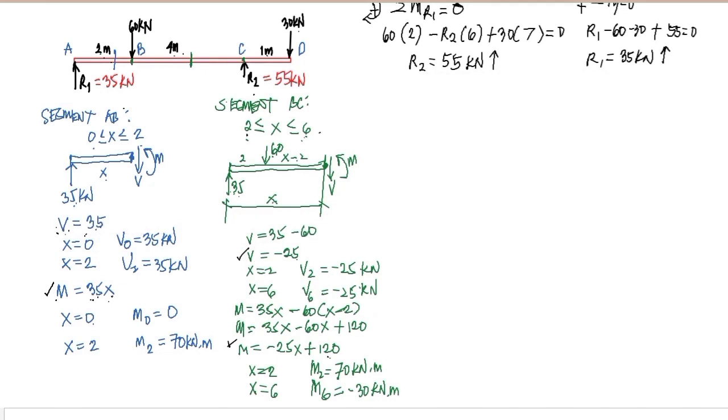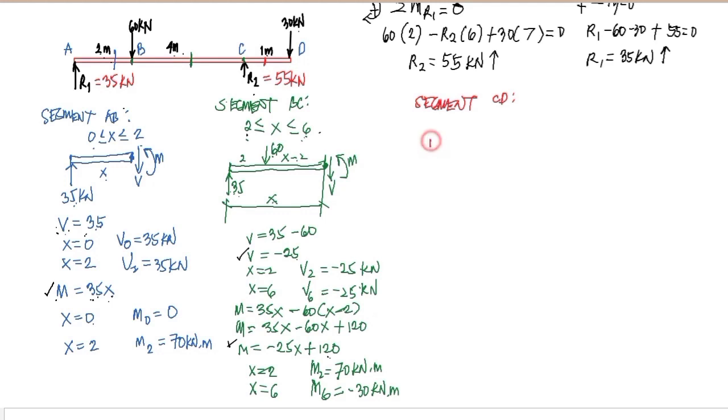So next segment natin is the segment CD. So we have here, so for the segment CD, ay ikakat natin siya dito in between point C and D. So meaning, makikita natin dito sa figure natin lahat ng mga nasa left ng segment CD.